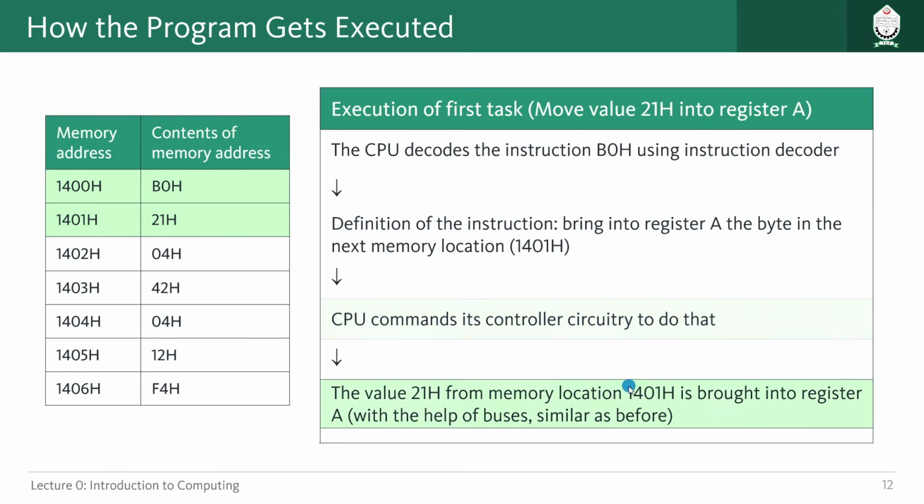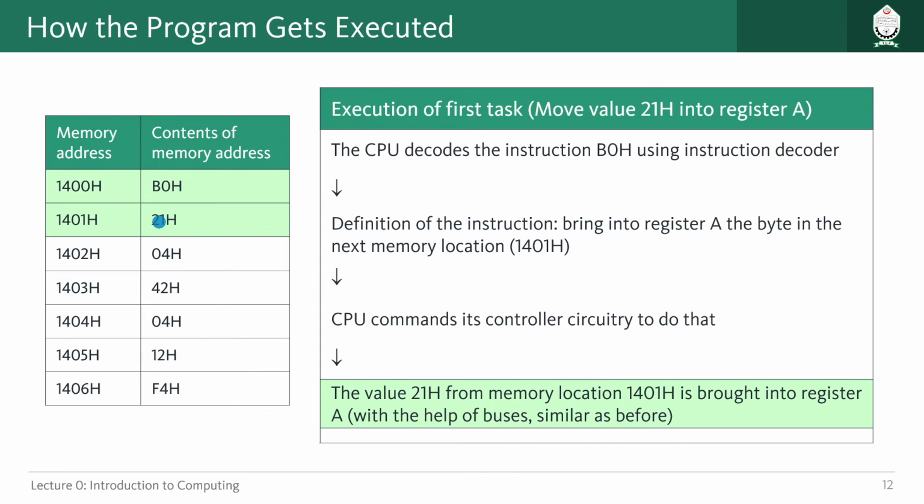After that, the value we have in the 1401H location, which is 21H, will be fetched from memory to the CPU. A similar thing will happen again.